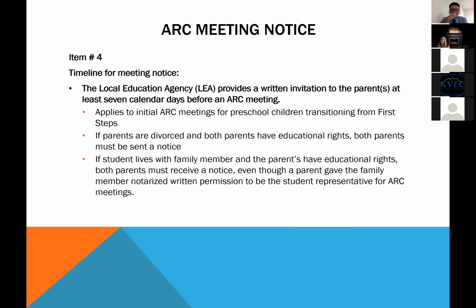And it has to be 7 calendar days or more. Now, if a parent agrees that they want to meet earlier, then you check that box. But anyway, you still have to have those 7 calendar days, no matter what. Make sure you have the 7 calendar days in there.